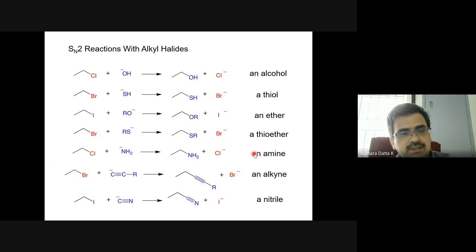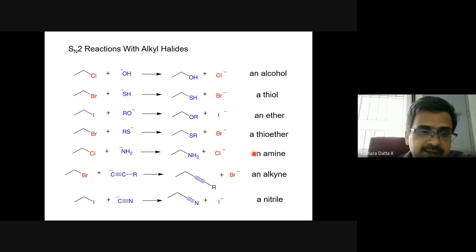Now, these are the different set of reactions with respect to alkyl halides. Many of you are aware of the first reaction. You have iodide, bring some hydroxyl group, you get alcohol.